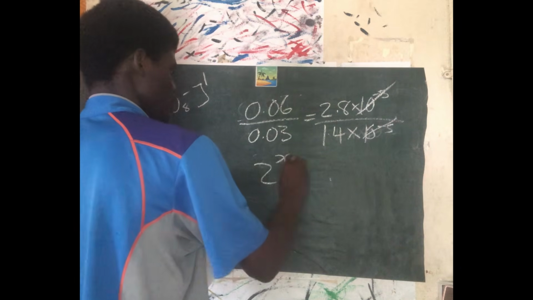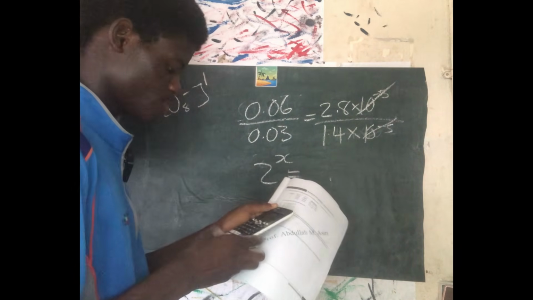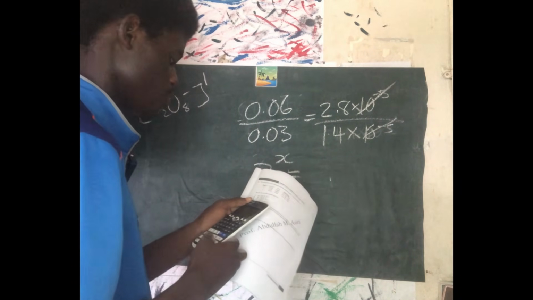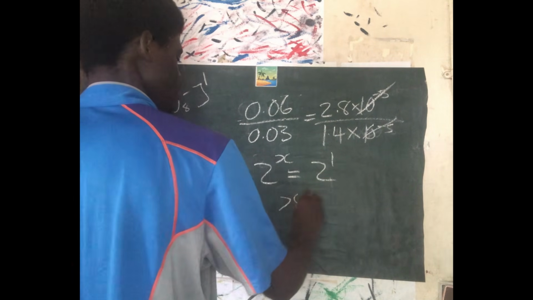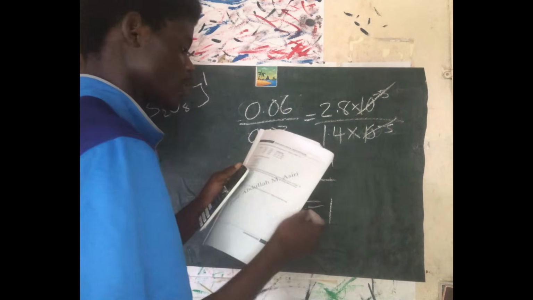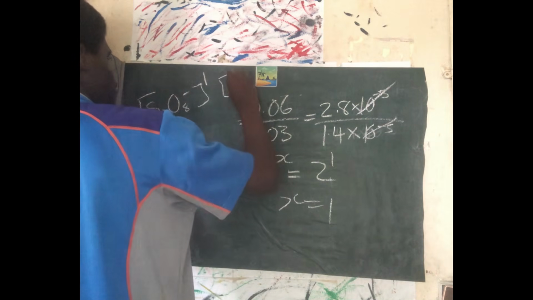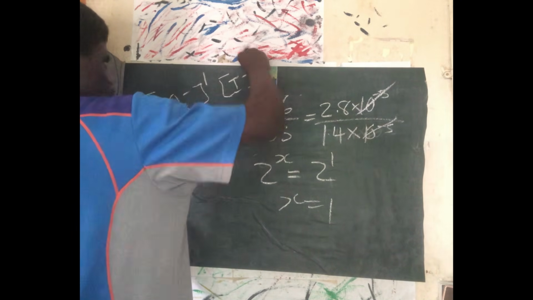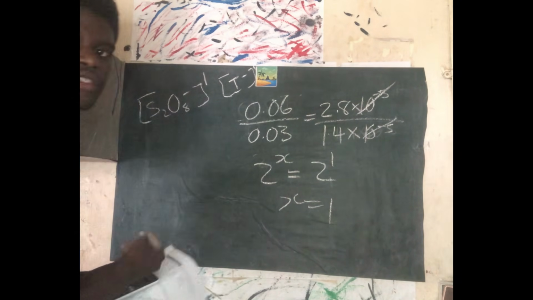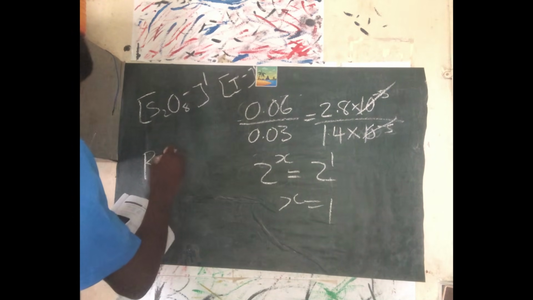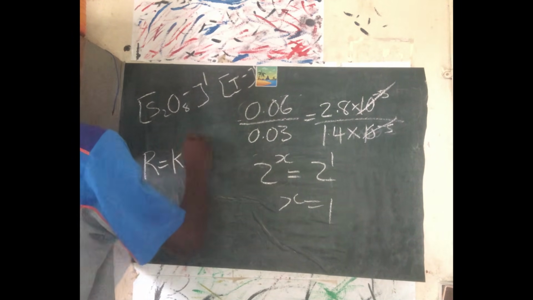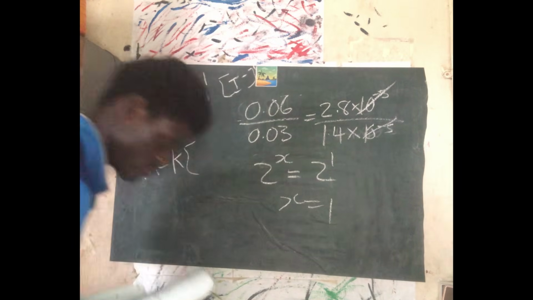That's 2. 2 raised to power x is equal to 2.8 divided by 1.4. That will also be 2. That's 2 raised to power 1. So x is 1. Now the order of reaction for I minus is also 1. So our rate law can be written as R is equal to K. Let me clean this up.